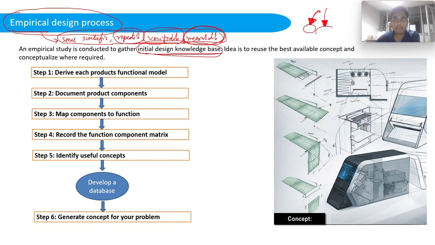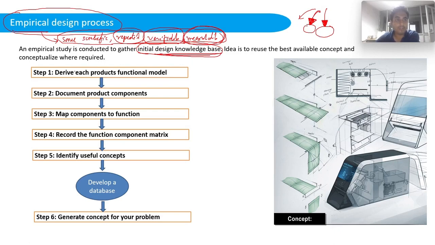So at that level, we do not know exactly where the solution will come from. So, to have some useful ideas to initialize with, we generate some sort of design knowledge base.